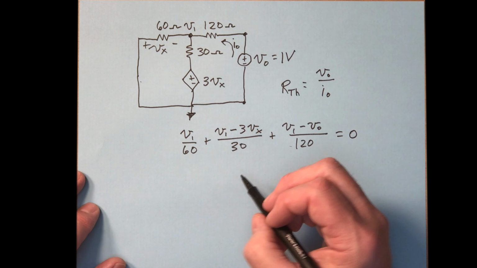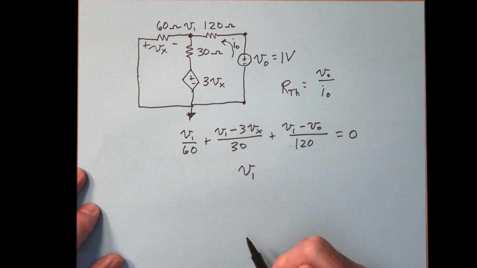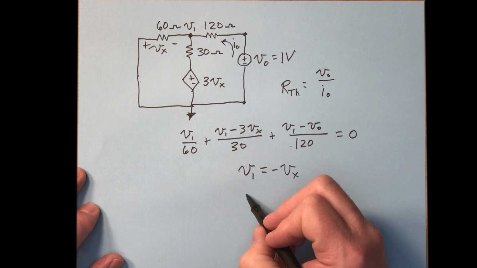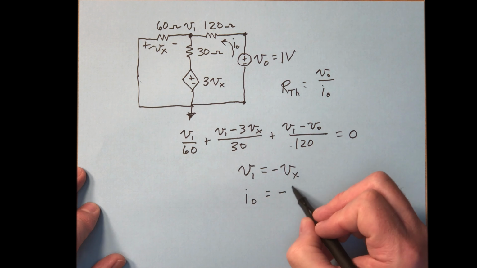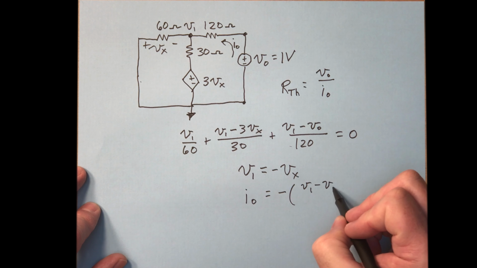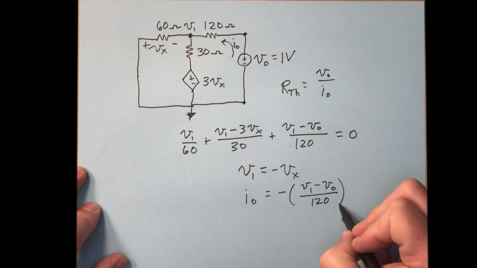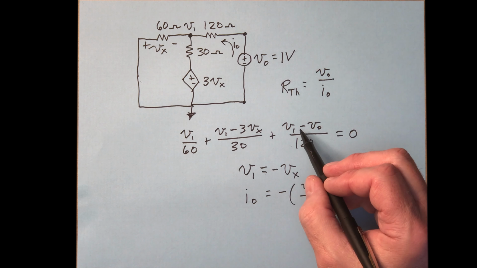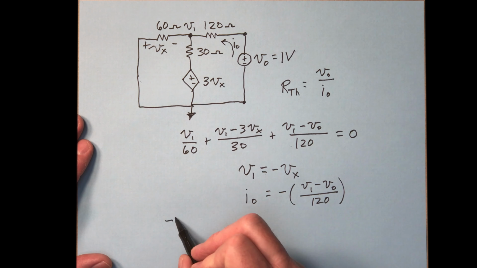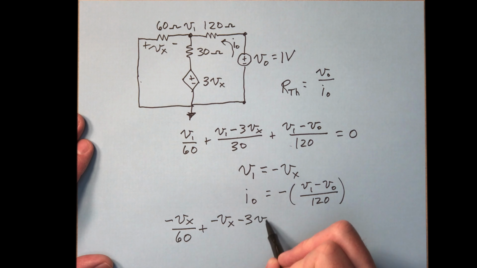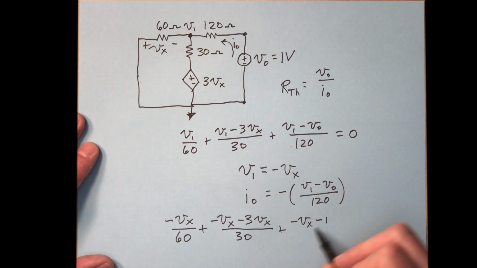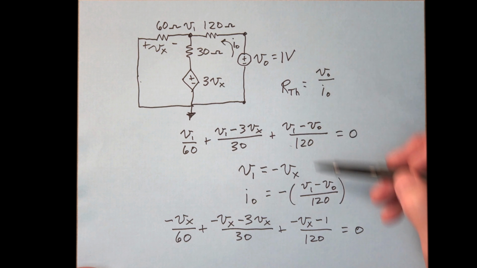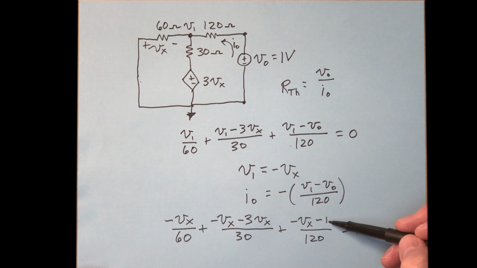So we can write a couple of other constraint equations: V1 is equal to minus V sub x, and I naught is equal to minus V1 minus V naught over 120, like that. Okay, if we make these substitutions here into our node voltage equation, then we end up with this. And I went ahead and substituted in V naught as 1 volt, and that's where that 1 came from there.